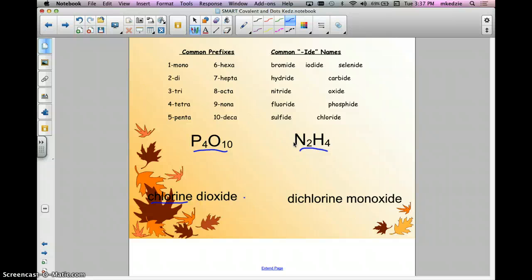We have 4 phosphoruses, so we have tetraphosphorus. Name out the whole atom. Phosphorus, yeah, there we go. Tetraphosphorus, and then we have 10 oxygens, so that's decoxide.